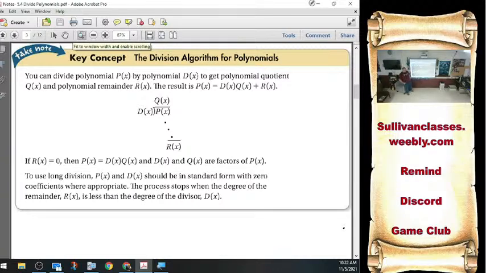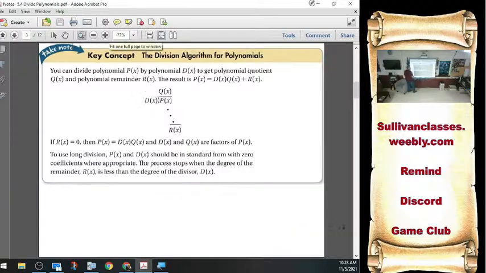If I have the remainder, I will write it as remainder over divisor. If I don't have a remainder, or if r of x equals 0, then that means d of x must have been a factor of p of x. The divisor must have been a factor of my polynomial, because I had nothing left over at the end. I know it looks a little complicated, but the more you know about math, you start realizing this is just a sentence, but they wrote it in mathese.